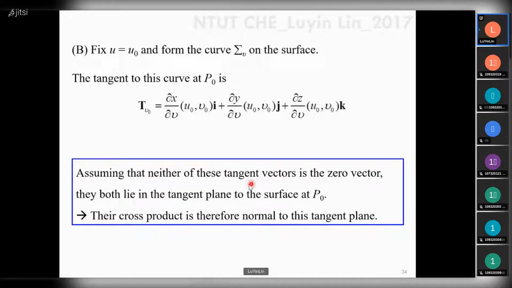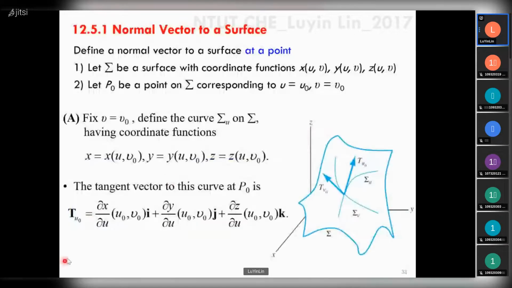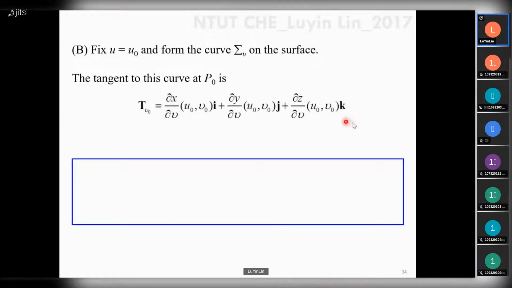Normally the two tangent vectors should not be the zero vector, and these two vectors lie on the tangent plane of the surface at P0. So if you do the cross product, you will get a normal vector. So just remember this equation and this equation, okay? We will use this tangent vector and this tangent vector.